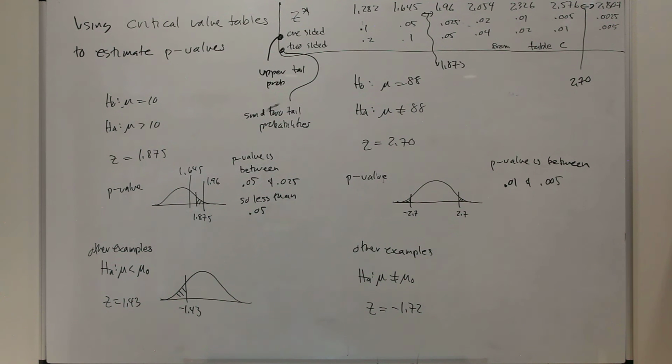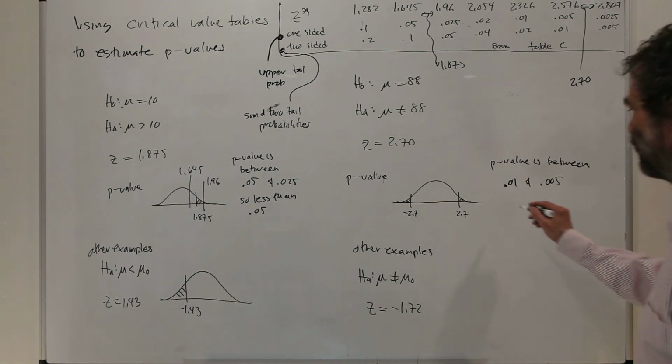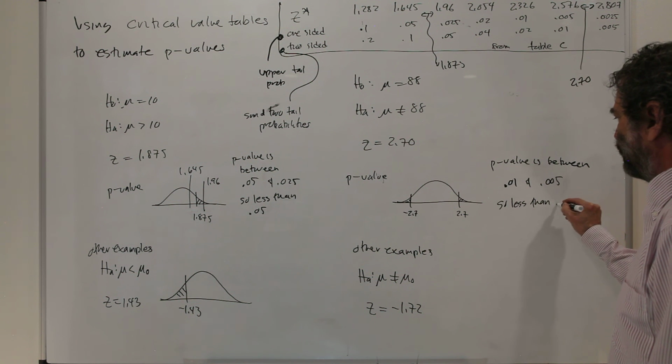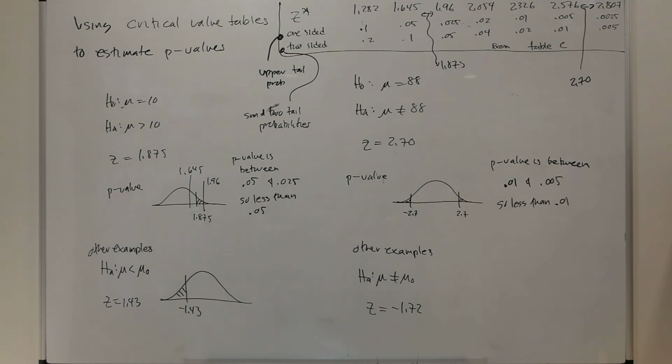So without the whole Z tables, with just the tail probability tables, the critical values for Z tables, we can estimate the p-value, and usually that's good enough for us because we just want to know, is it less than some number? So less than 0.01. That would say it'd be significant at the 0.01 level, and also the 0.05 level, because if it's less than 0.01, it's less than 0.05.